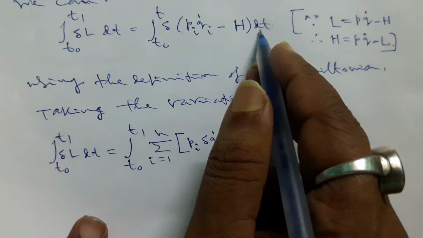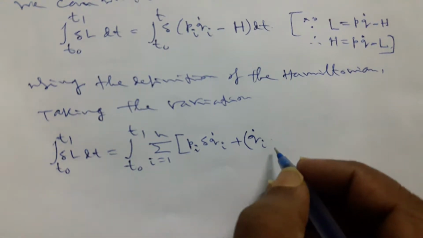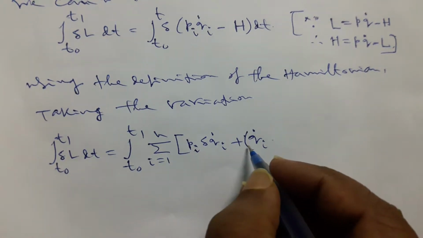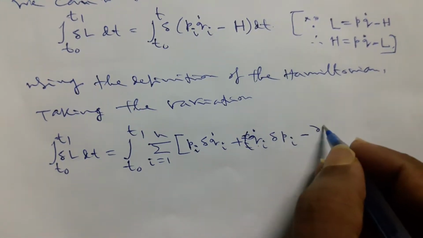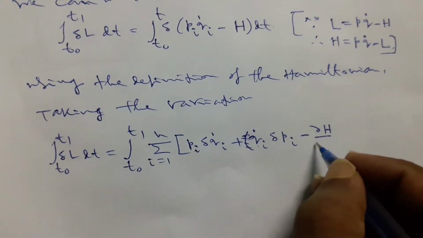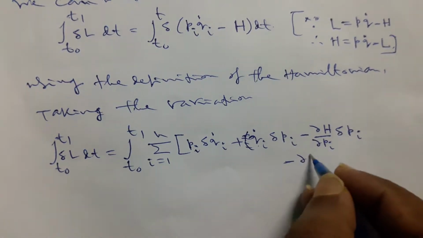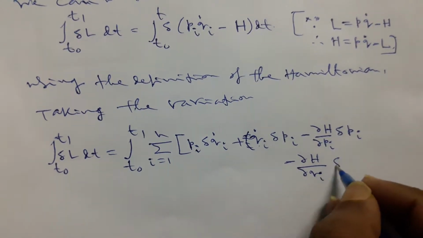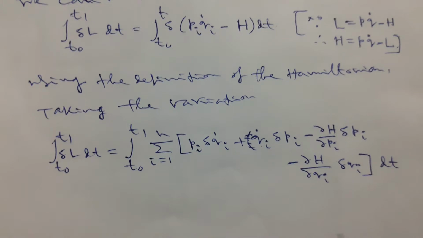Therefore, we can write it as, just to break the step here, one more extra step we have to calculate: qi dot delta pi minus del H del pi and delta pi, minus del H del qi and delta qi, within dt.